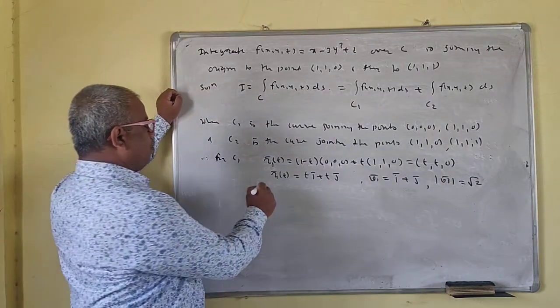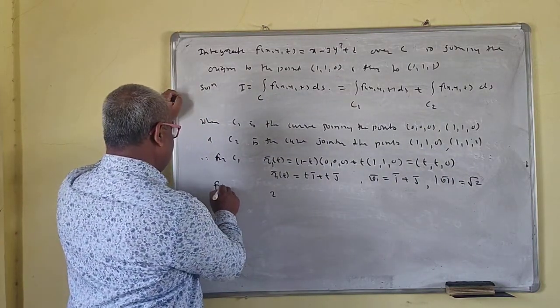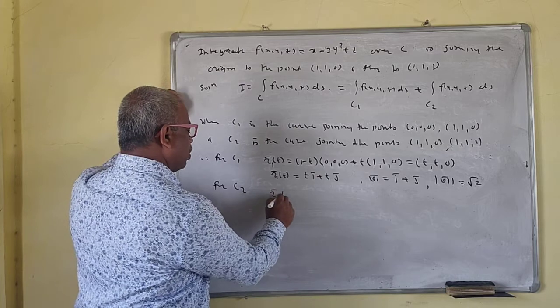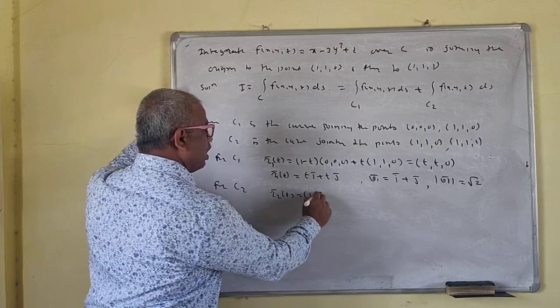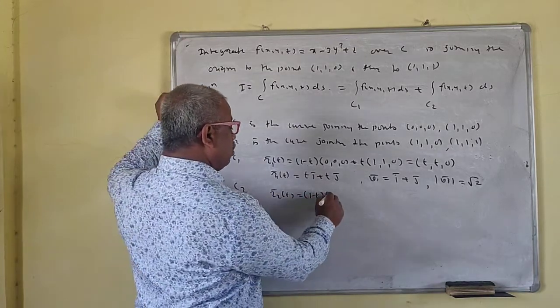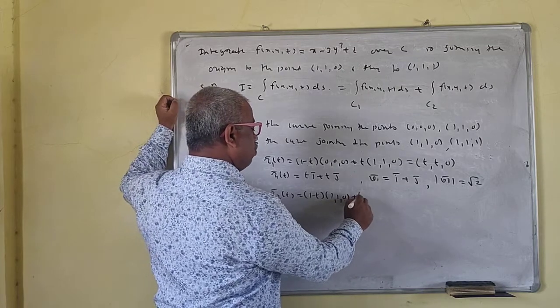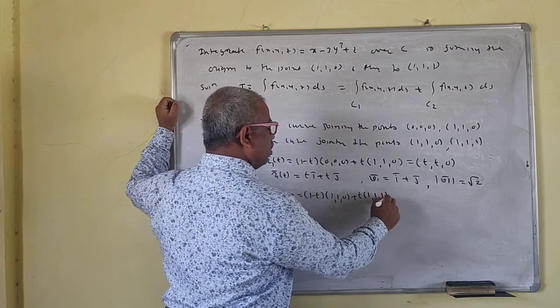Okay, now r2 bar for C2. For C2, r2 bar of t is equal to 1 minus t into 1 1 0 plus t into 1 1 1.